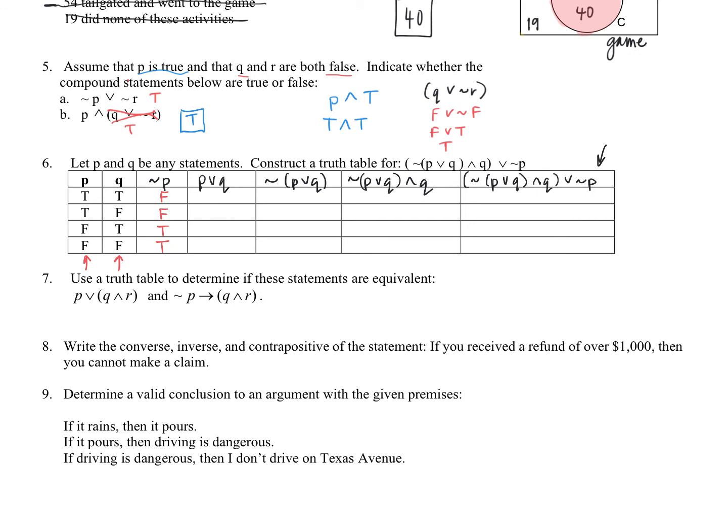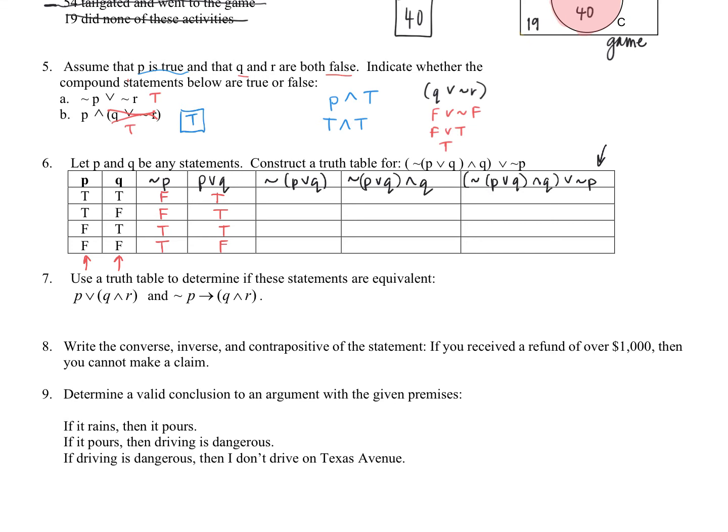So since both are true here, this will be true. Since P is true, the disjunction is true. Since Q is true, the disjunction is true. For the last row, both are false. There's not a true statement there, so the overall disjunction is false.